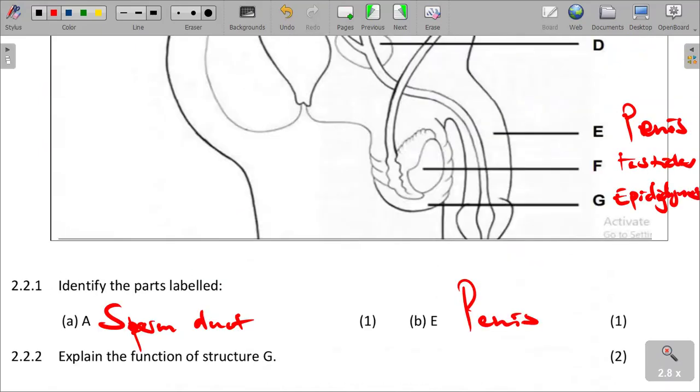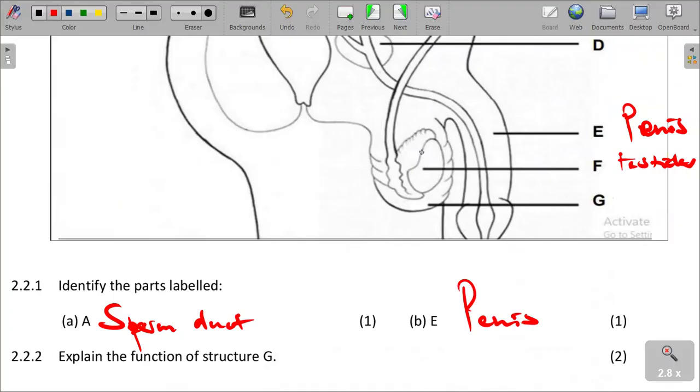What is the function of G? If you look properly here, G actually identifies the scrotum.